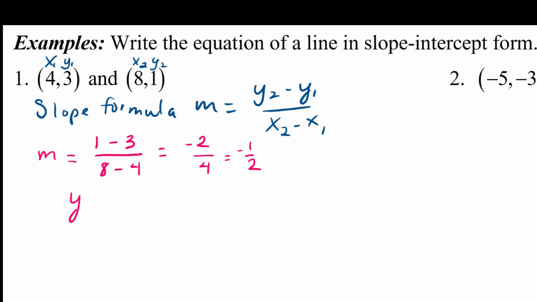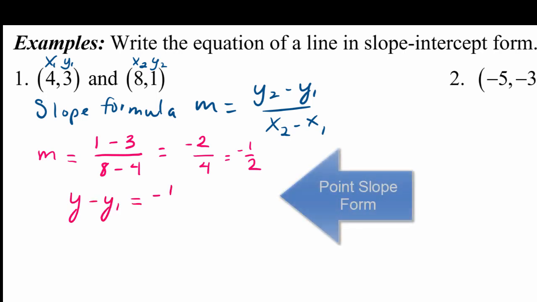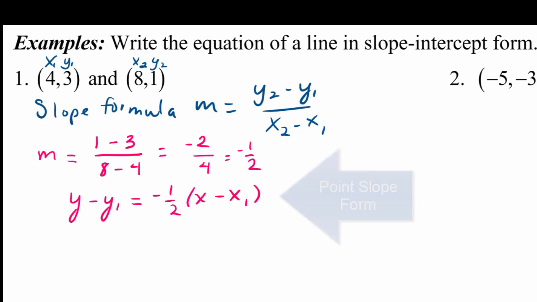We're going to put that slope of negative 1/2 into our point slope form. So I've put it in there. Now, see where the point slope form asks for x1, y1? We have used the point (4, 3) as x1, y1 in our slope formula, but that doesn't mean that we have to use that point in the point slope form. If there's any time in which you're doing these problems that you like your second point better, your x2, y2, then you can use those instead.